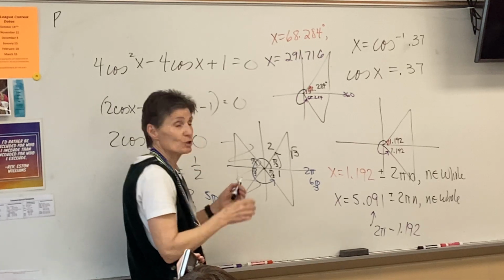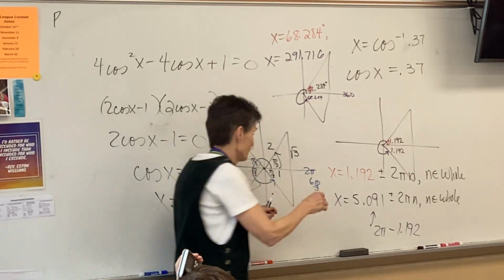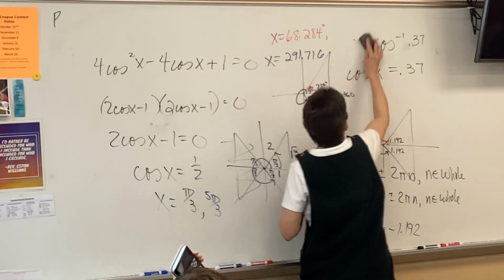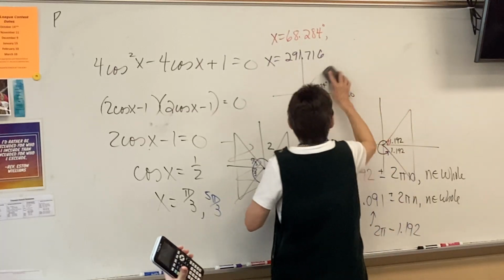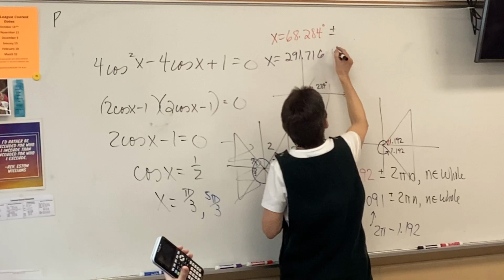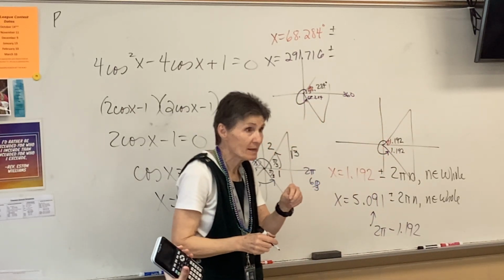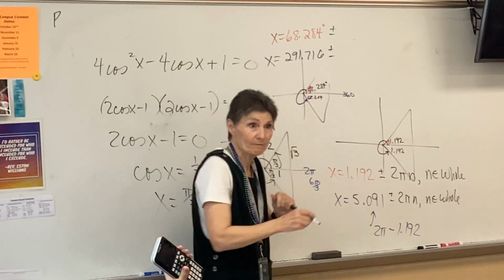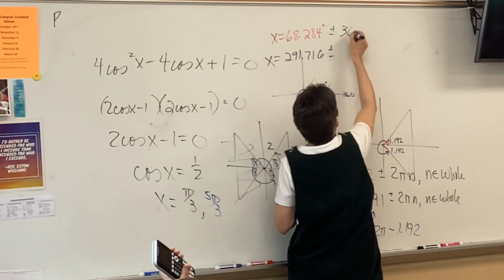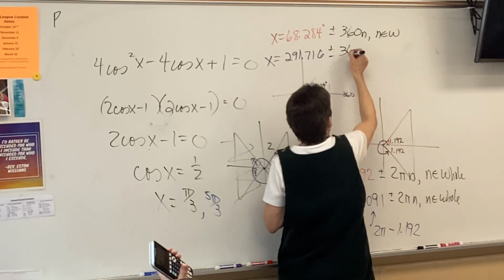And then, just like before, it told me to find all of them. So if I have to find all of them, I am going to add or subtract what this time? Not multiples of 2 pi, but multiples of 360.